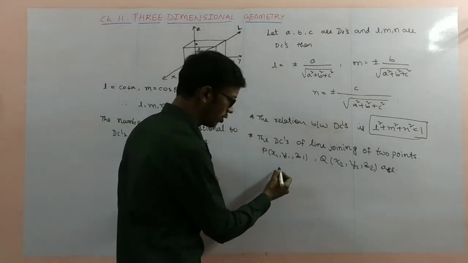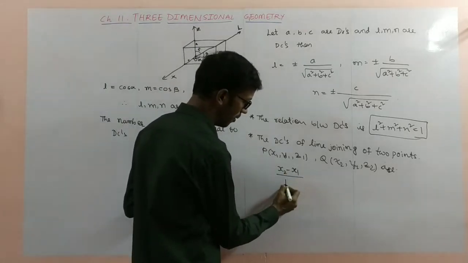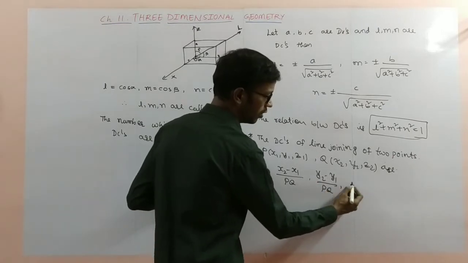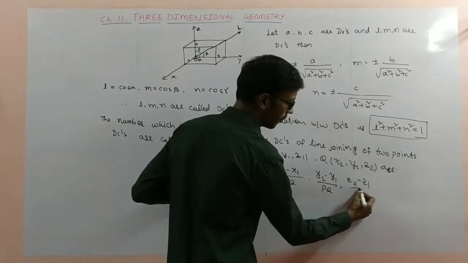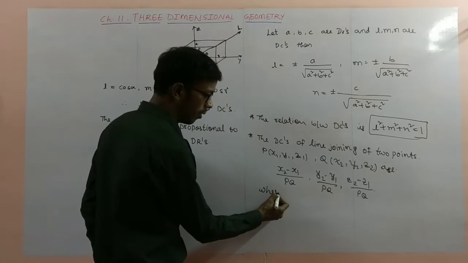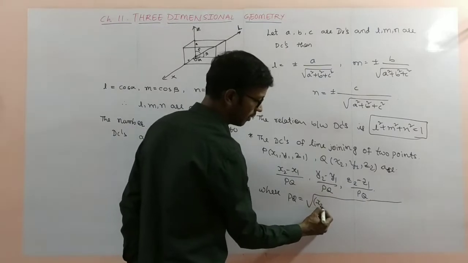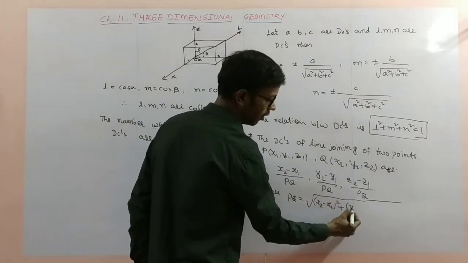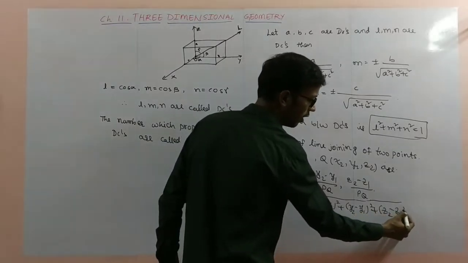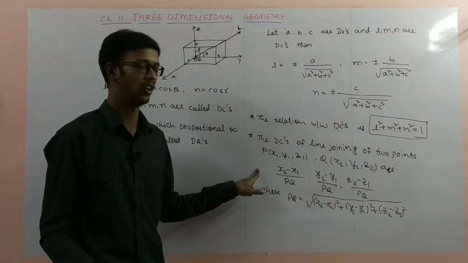They are (x2 minus x1) by PQ, (y2 minus y1) by PQ, (z2 minus z1) by PQ, where PQ is the distance formula, square root of (x2 minus x1) whole square plus (y2 minus y1) whole square plus (z2 minus z1) whole square.